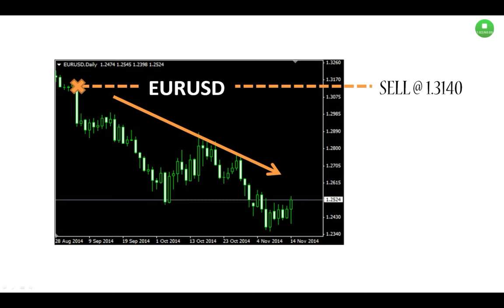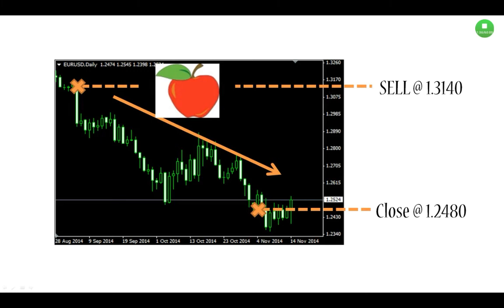He would sell at about 1.3140, and as we recall, that means that every 1 euro is worth 1.3140 US dollars, and then he would close the transaction at about 1.2480, meaning that in that point in time, every euro is worth only 1.2480 US dollars.